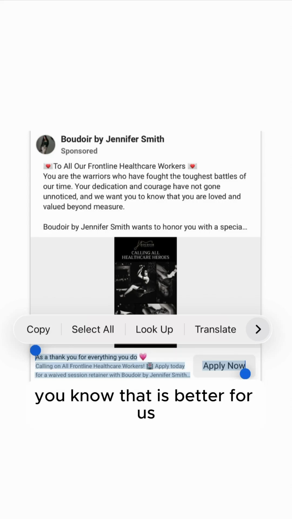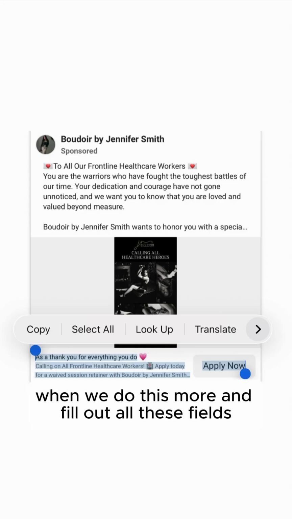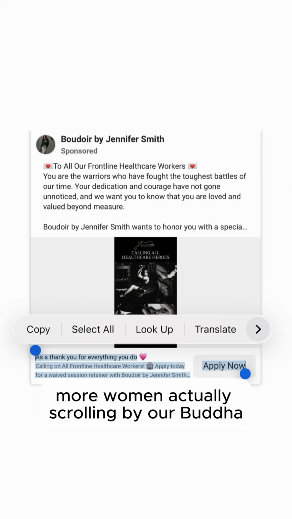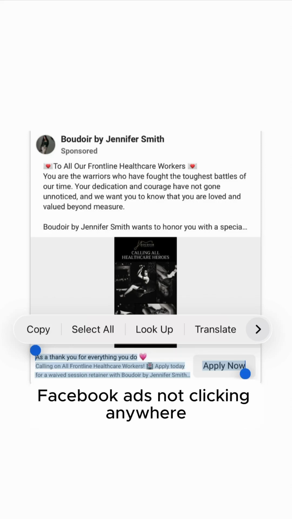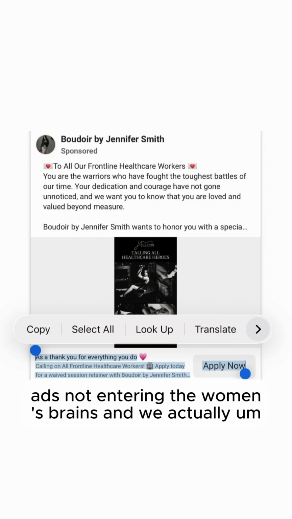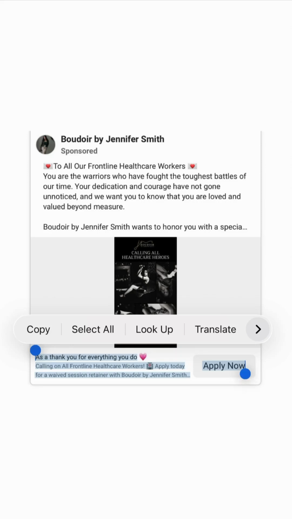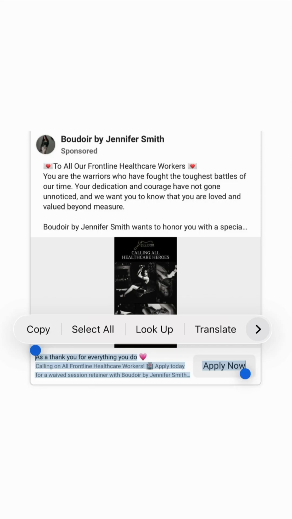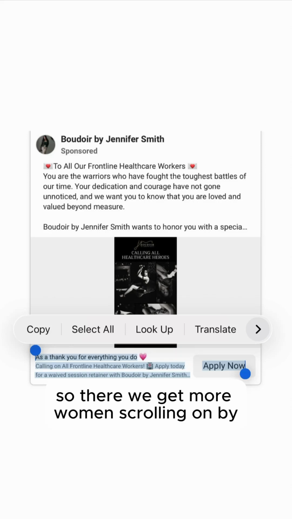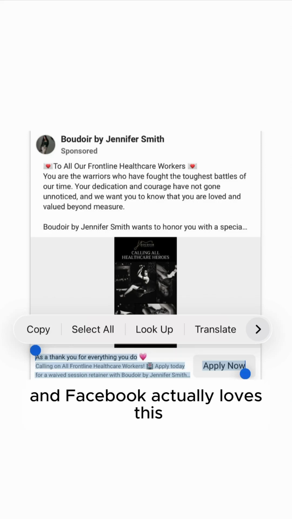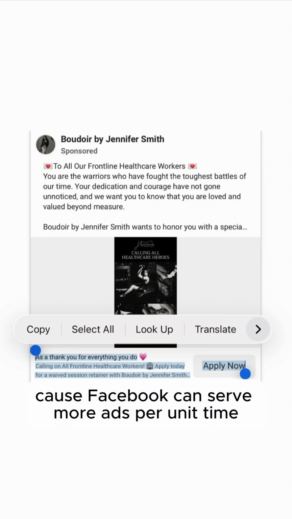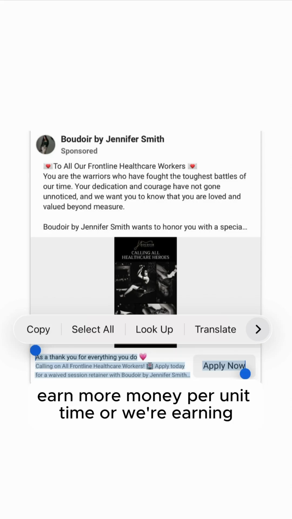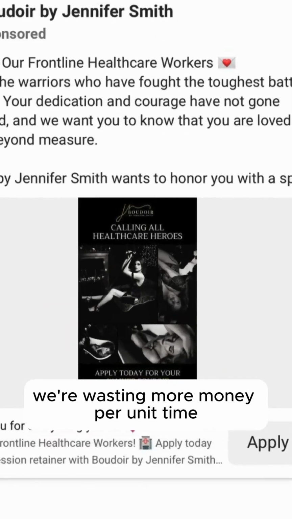But the consequence of this, when we fill out all these fields, is more women scrolling by our Boudoir Facebook ads, not clicking anywhere, ads not entering the women's brains, and we're wasting money on those impressions. So we get more women scrolling on by, fewer women clicking on our ad. And Facebook actually loves this because Facebook can serve more ads per unit time, earn more money per unit time, where we're wasting more money per unit time.